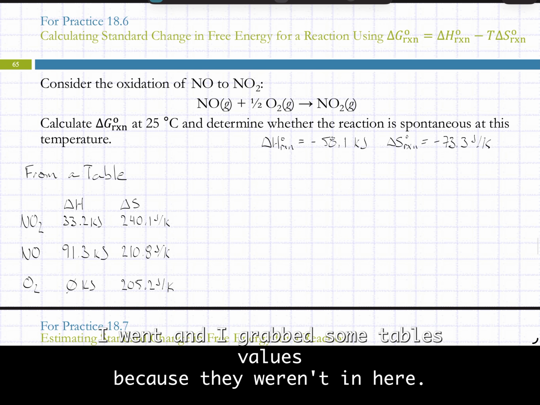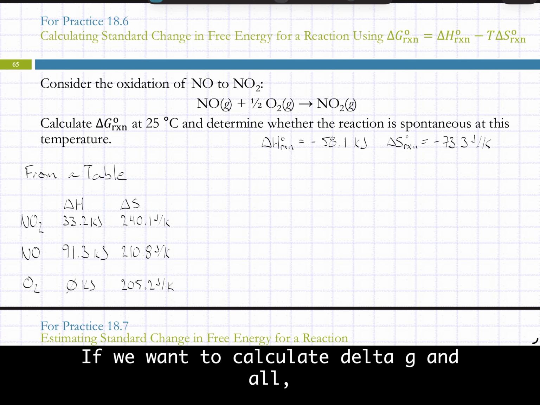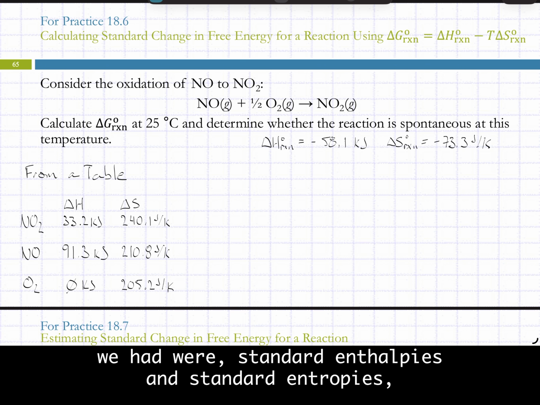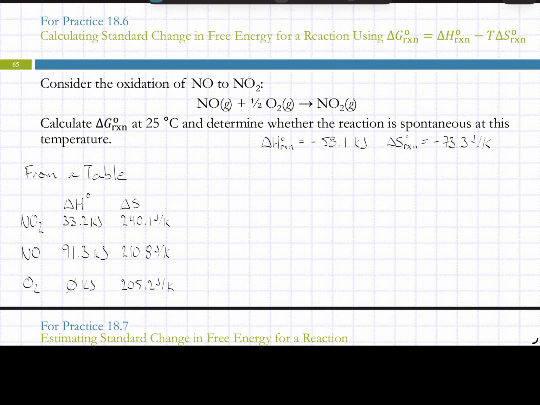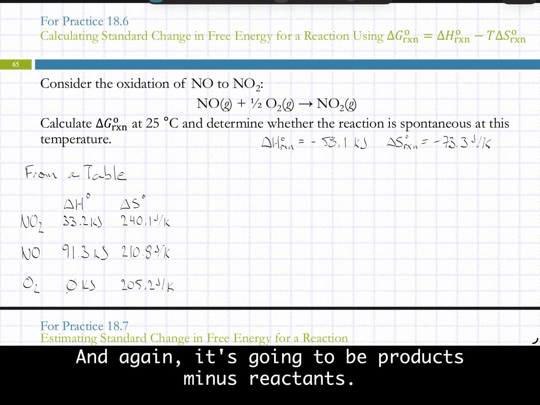All right, I went and grabbed some table values because they weren't in here. If we want to calculate delta G, and all we had were standard enthalpies and standard entropies, we could do that. And again, it's going to be products minus reactants.